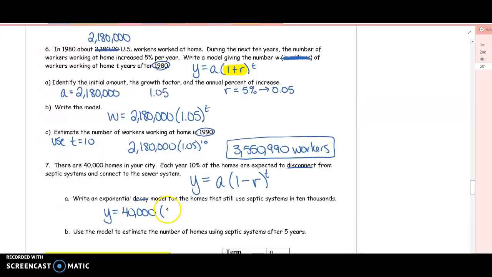And then 1 minus, what is our percent decrease? 10% decrease. How do we write 10% as a decimal? 0.1 raised to the T. If you want to go further and simplify what's inside the parentheses, you can. So this would be 0.9 raised to the T.